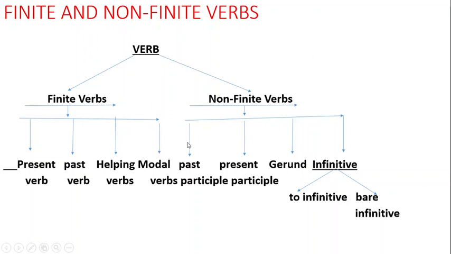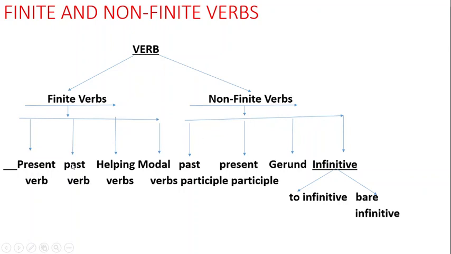You can see this chart, very beautiful chart, showing the verbs which come under finite verbs and the verbs which come under non-finite verbs. These are the parts, these are the divisions. We come to know the difference between finite verbs and non-finite verbs.